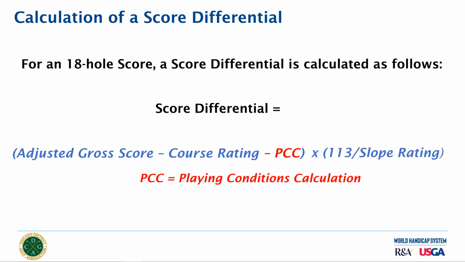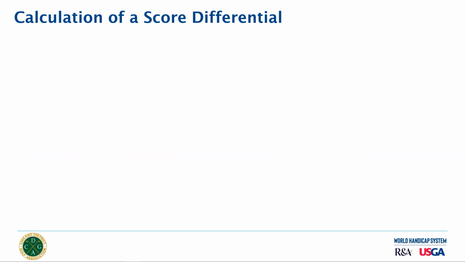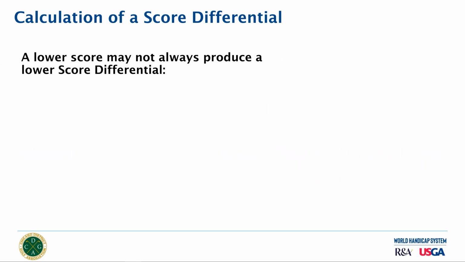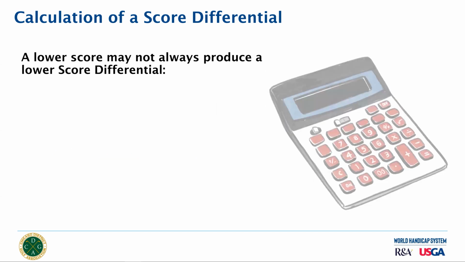Again, we will talk about playing conditions calculations a little more in a few minutes. The result of that formula is a differential for each score, and that is a key number because a lower score may not always produce a lower score differential.